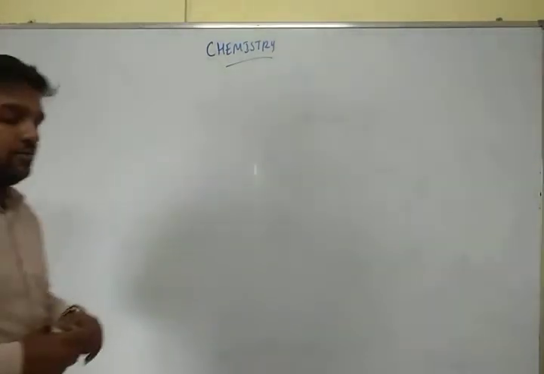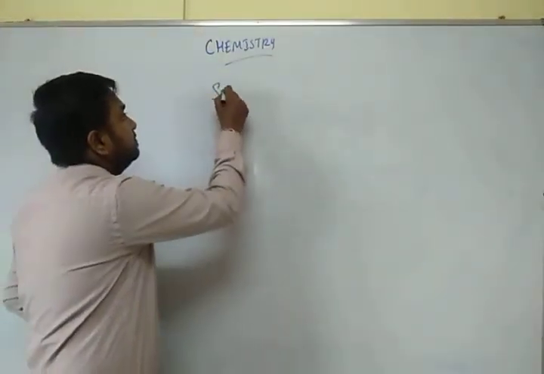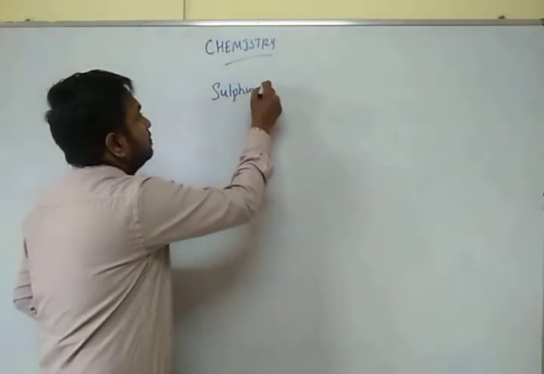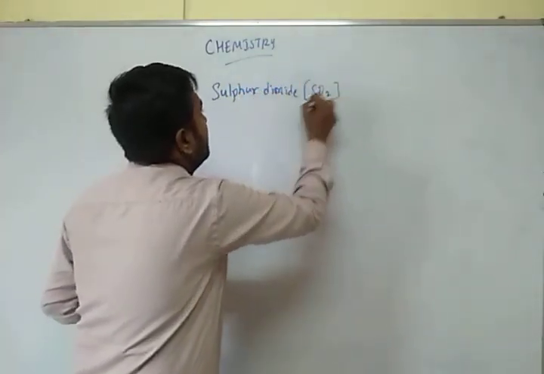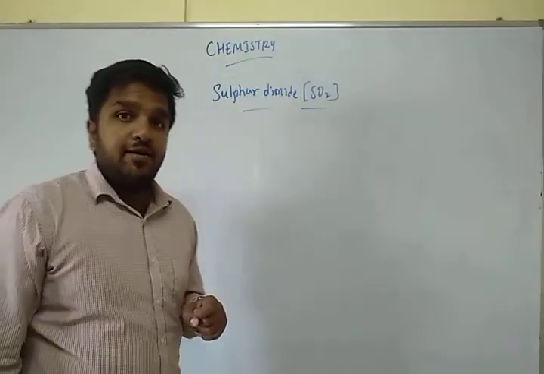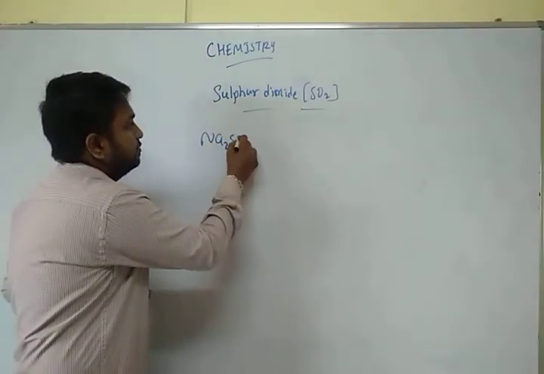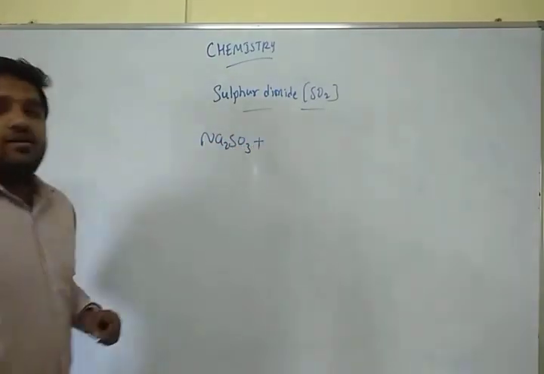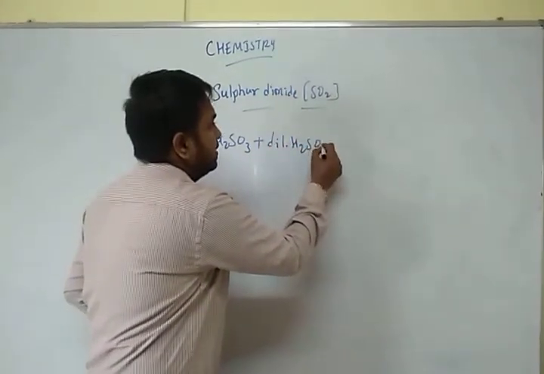So the next compound of sulfur is sulfur dioxide. The formula is SO2. This sulfur dioxide can be prepared by treating sodium sulfite, Na2SO3, with dilute sulfuric acid.